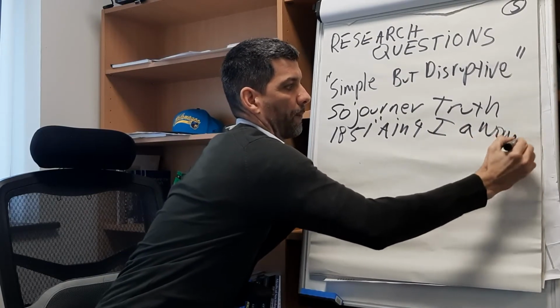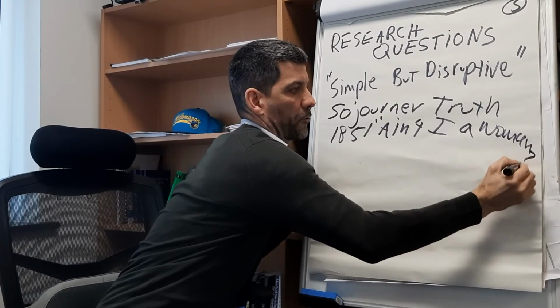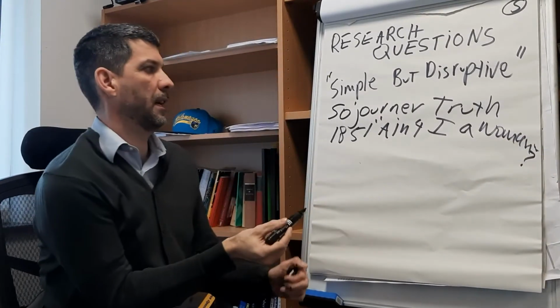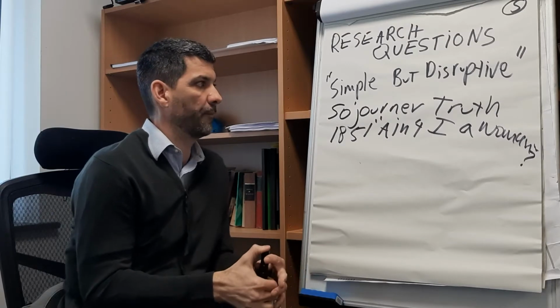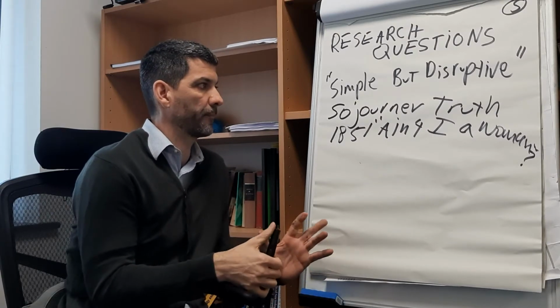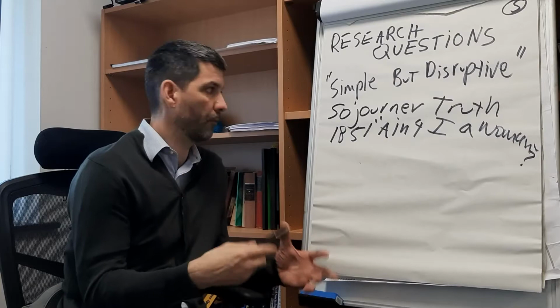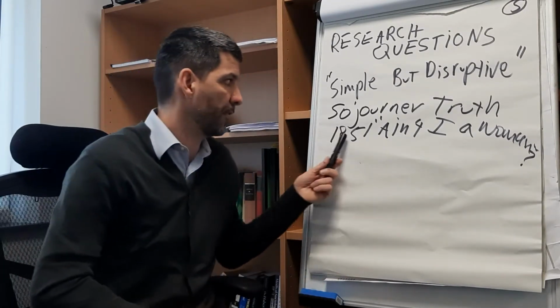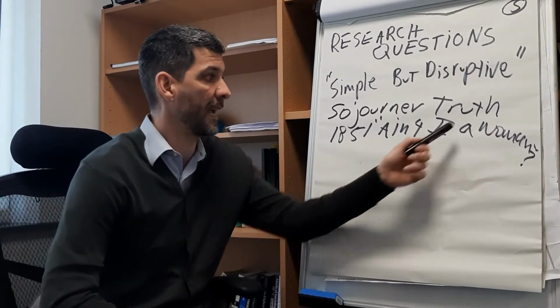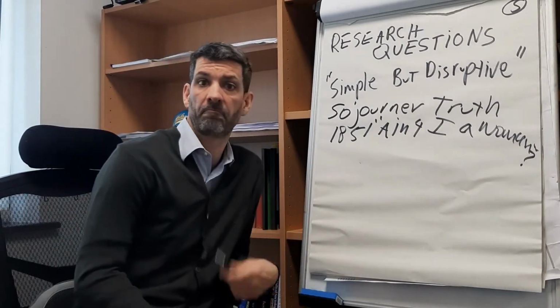Ain't I a woman? Sojourner Truth was a very famous abolitionist. She was a slave in the United States that was emancipated. And she gave a very famous speech in 1851 where she asked, "Ain't I a woman?"